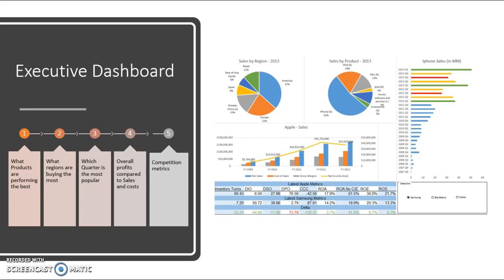I have a macro where you select the radio buttons, and this switches over based on your selection, and then does a quick comparison of the two, and is conditionally formatted at the bottom to say if it's green, then Apple's doing better, and if it's red, Apple needs to improve.